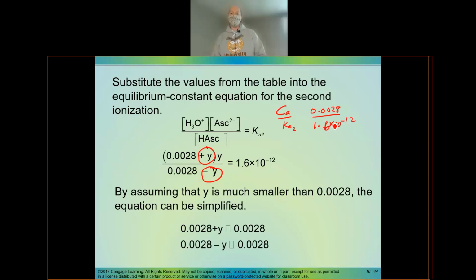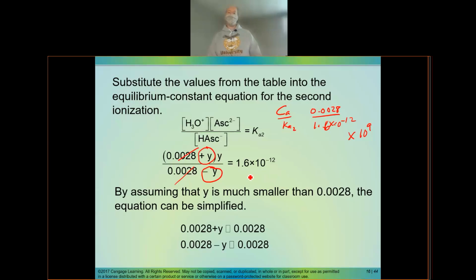I don't have to push the buttons to know that that is way more than 1,000. So that's something times 10 to the 9th. So it doesn't matter what the number is. It has to be over 1,000. And when you're times 10 to the 9th, you are way more than 1,000, which means you can eliminate your plus y and your minus y because that is not going to change the number at all. And then you see you got 0.0028 in the numerator. You have 0.0028 in the denominator, and they cancel.